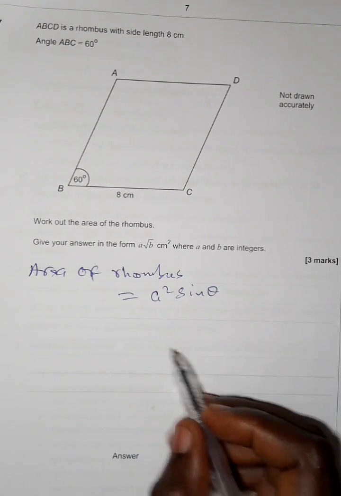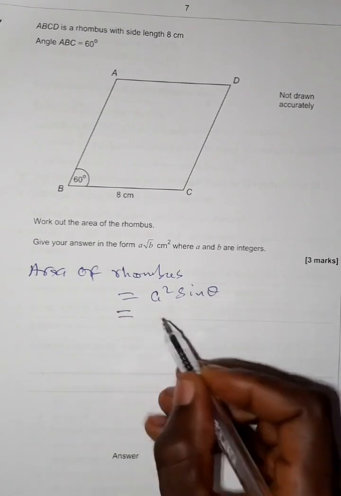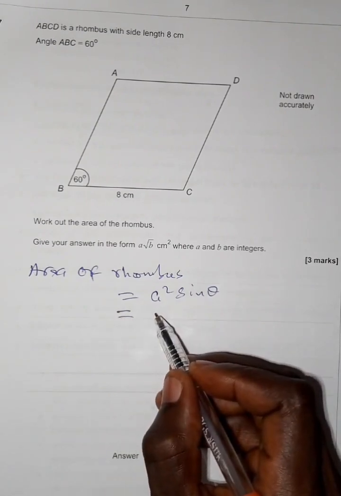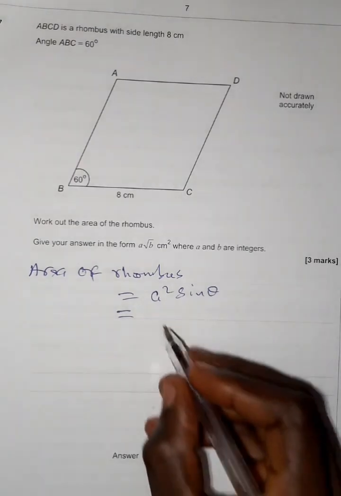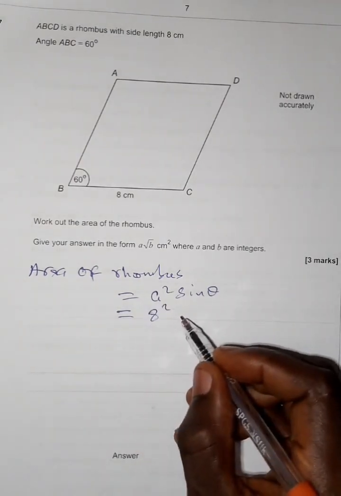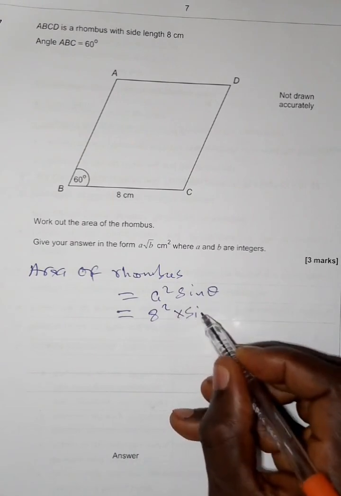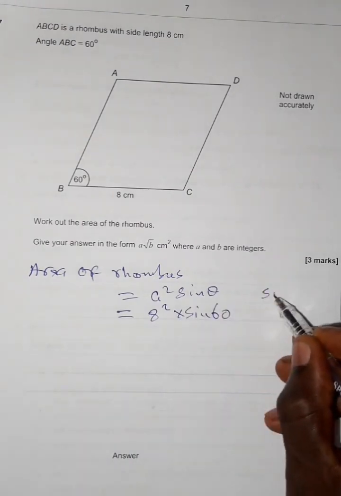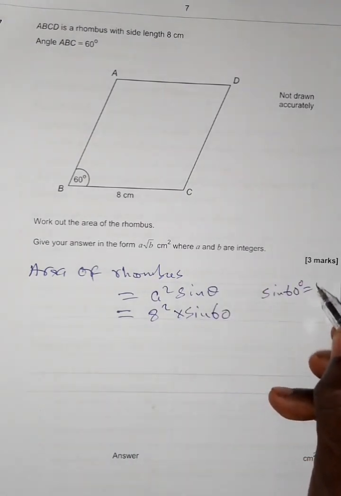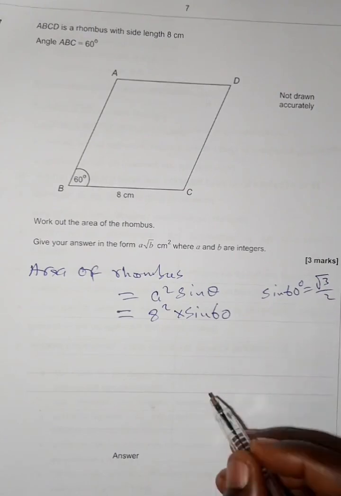So in this case, we have 8 squared, and then we multiply by sine 60, and sine 60 degrees is equal to square root of 3 all over 2 in short form.